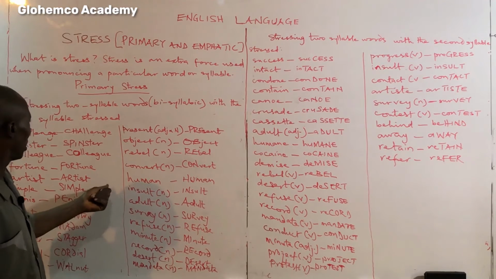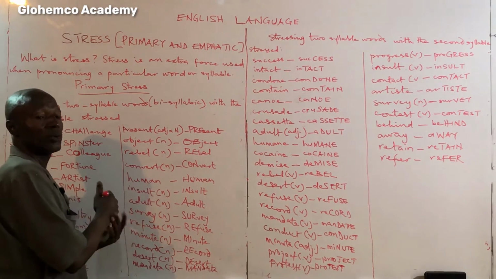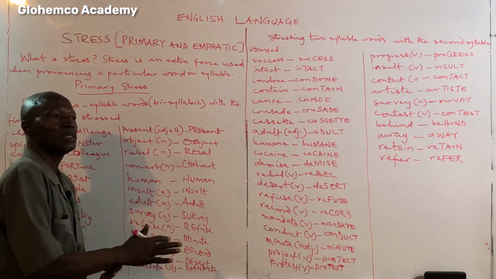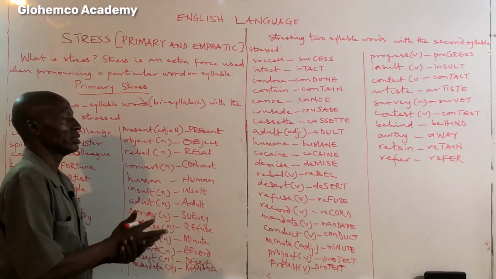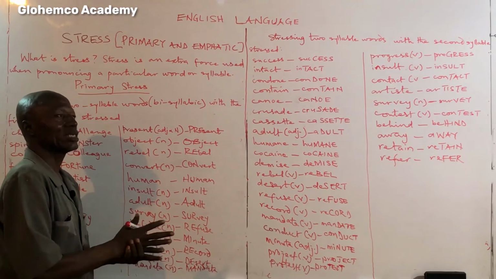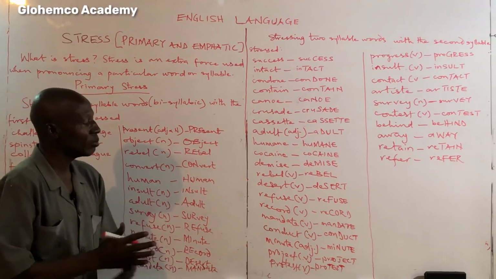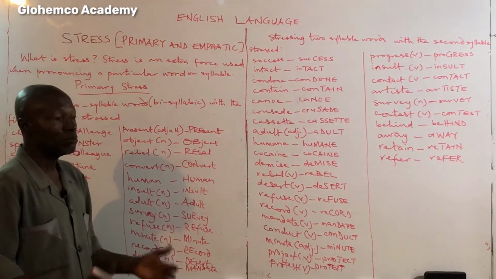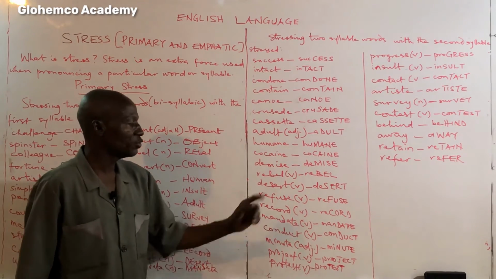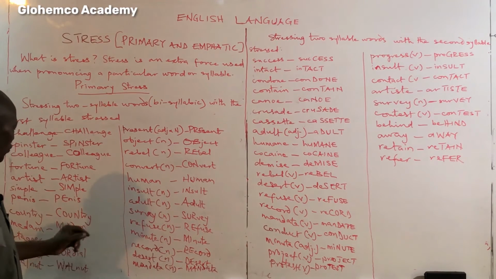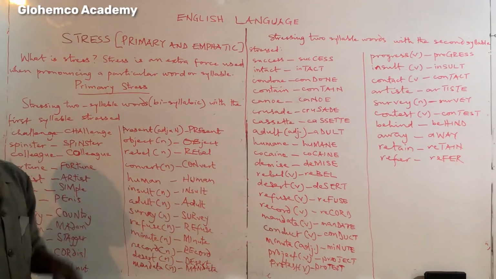Although desert is not here, if it should be here, then it is a noun, an arid place where water is very scarce. But the verb is to desert, which means to leave a place. Then the next one is refuse. We have refuse here, then you have refuse.